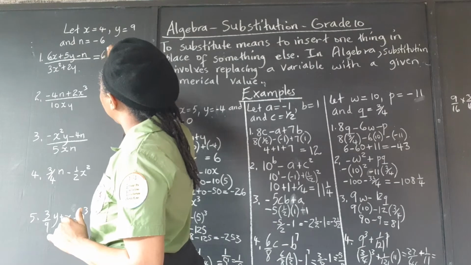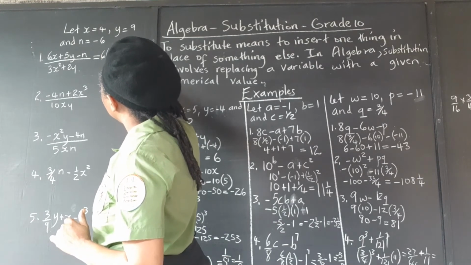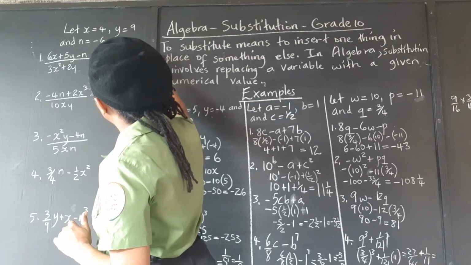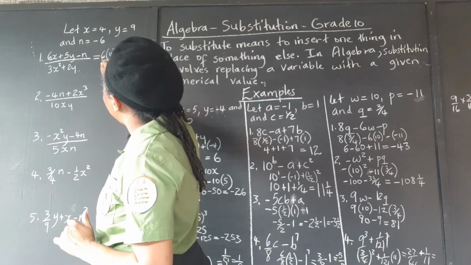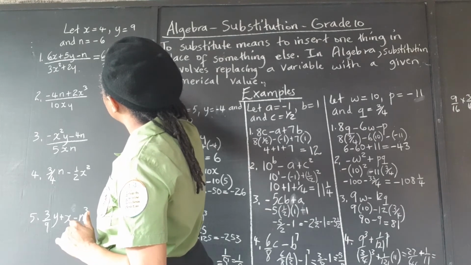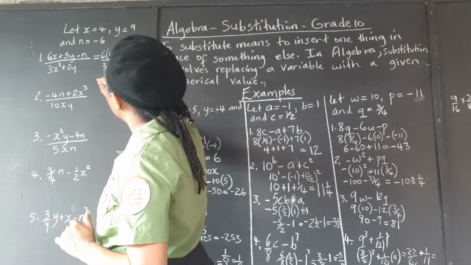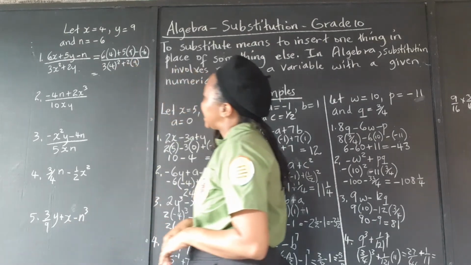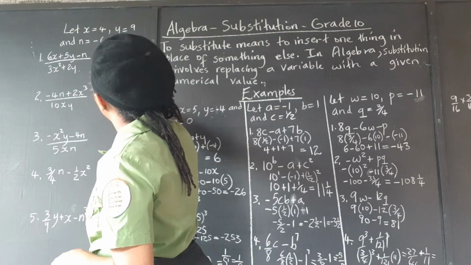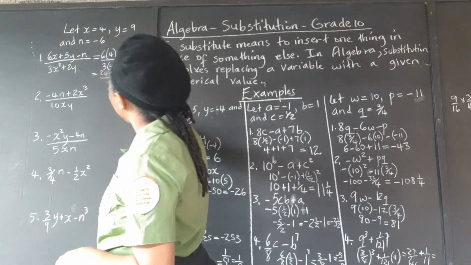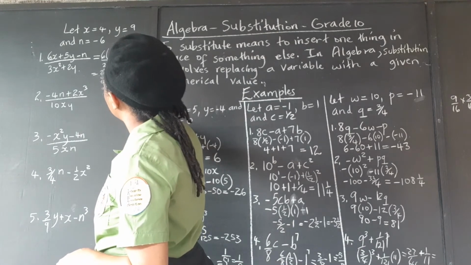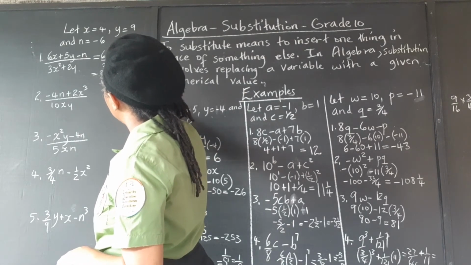So 6 times 4 plus 5 times 9 minus negative 6 over 3 times 4 squared plus 2 times 9. 6 4s 24, 5 9s 45, plus 6. 4 4s is 16 times 3, that's 48. 2 9s 18.